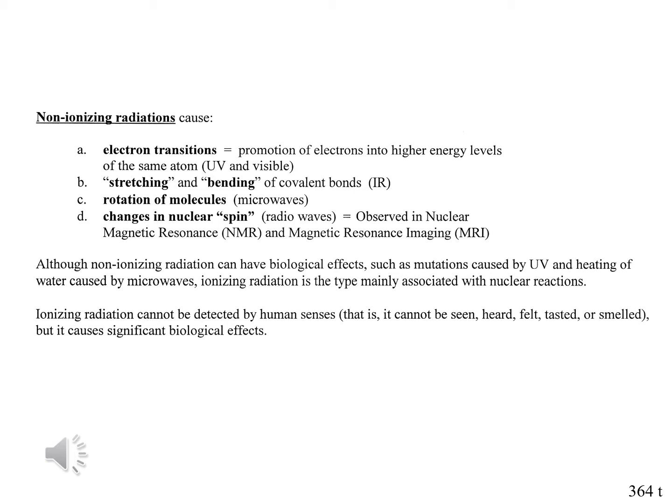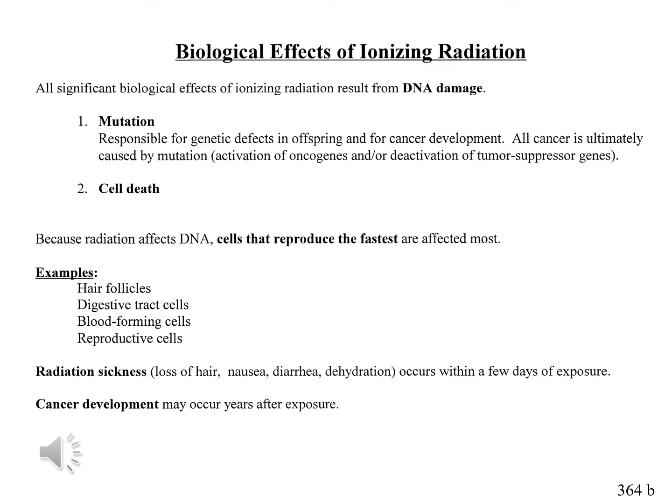I want to talk about how people discovered what ionizing radiation does, because it's interesting. After the United States dropped the 2 atomic bombs on Hiroshima and Nagasaki in 1945 during World War II, that was pretty much the beginning of the nuclear age.